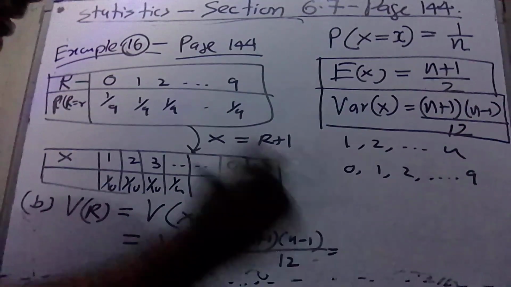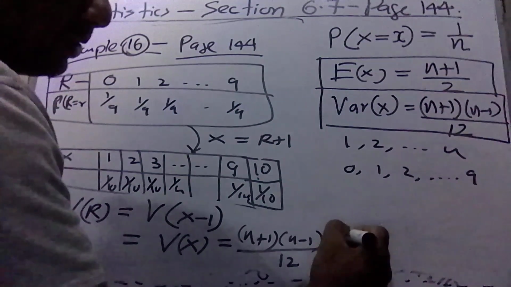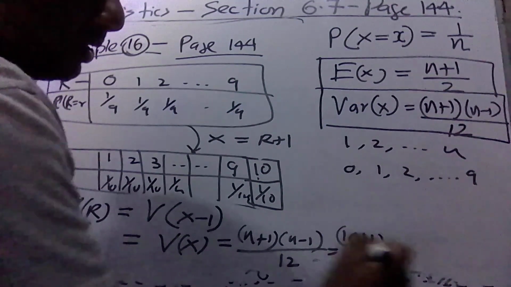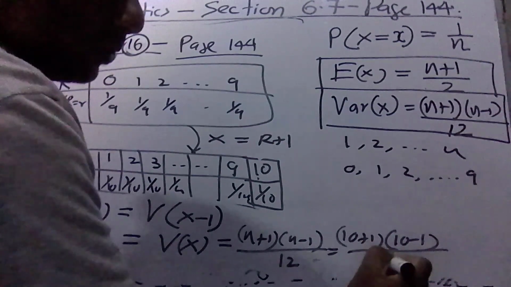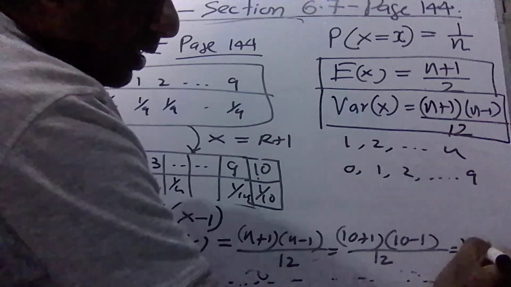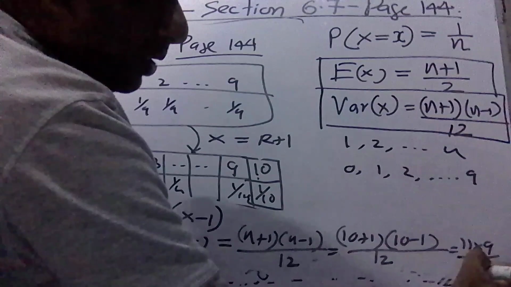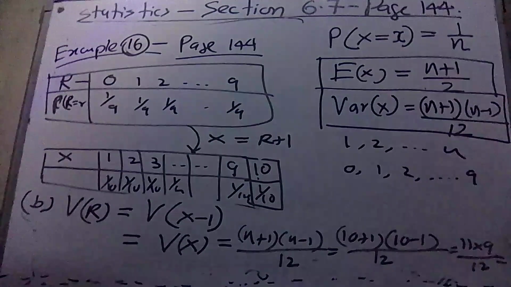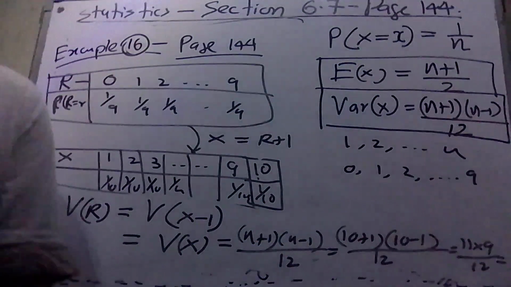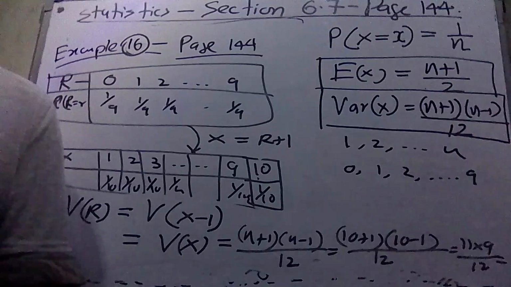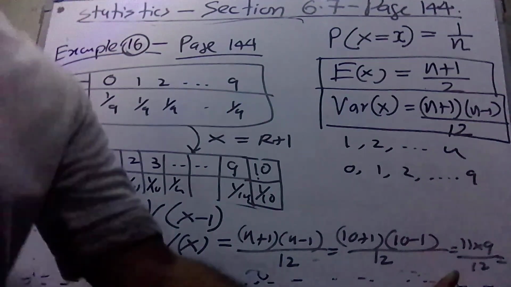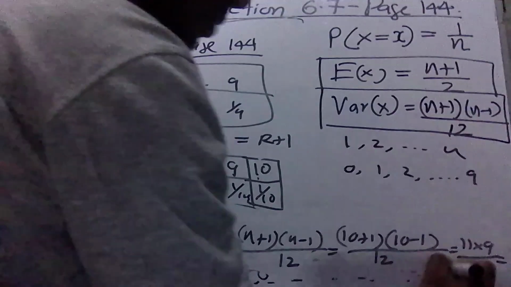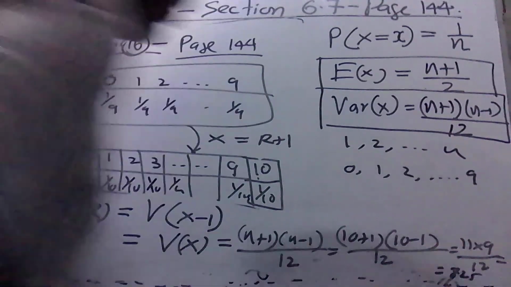In this case n is 10, so 11 into 9 over 12. You can put it in the calculator and check. I checked the answer and it comes to 8.25.